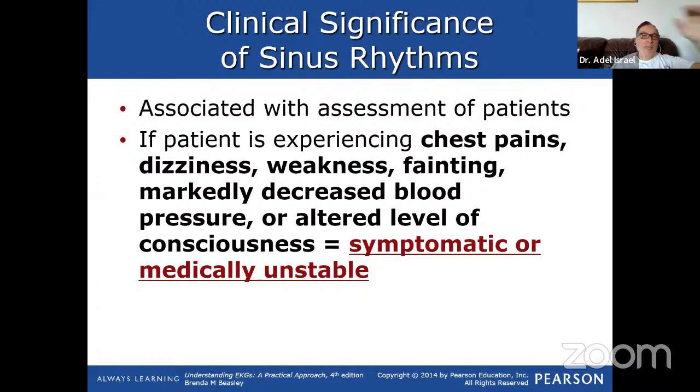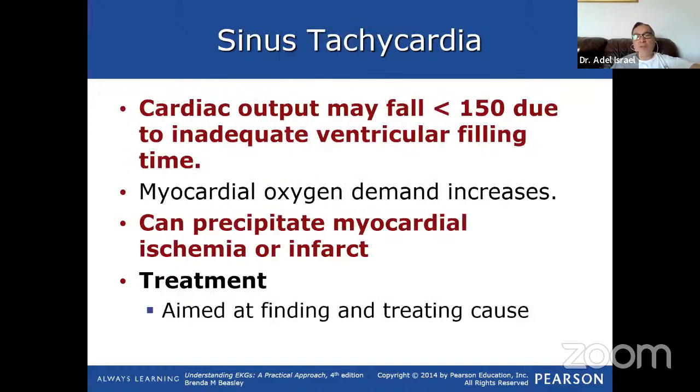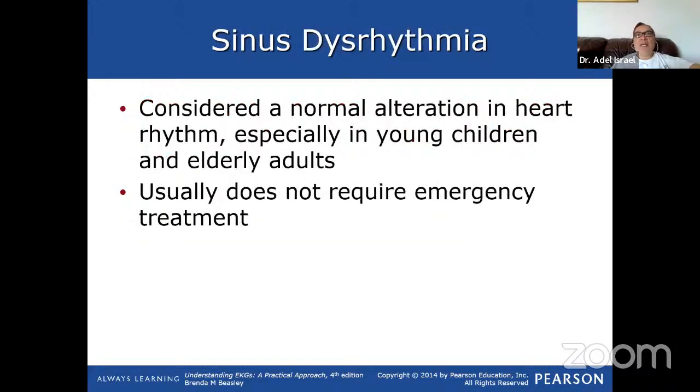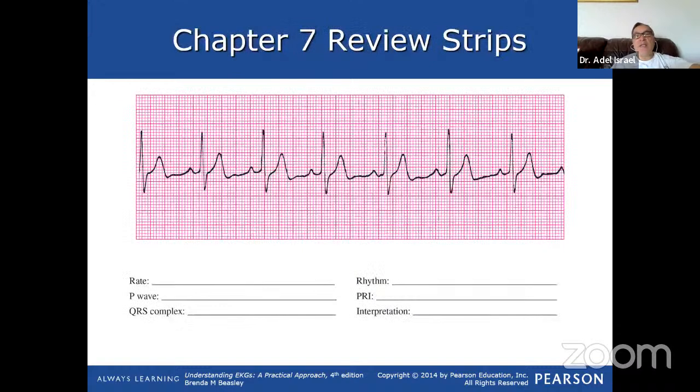All of these are symptomatic or medically unstable, which does not last for a long time. For sinus bradycardia, what should we do? As I told you, it is not a big problem, but read it for your information. And also for sinus tachycardia, what is the situation? And sinus dysrhythmia and sinus arrhythmia, all of these items we have discussed.